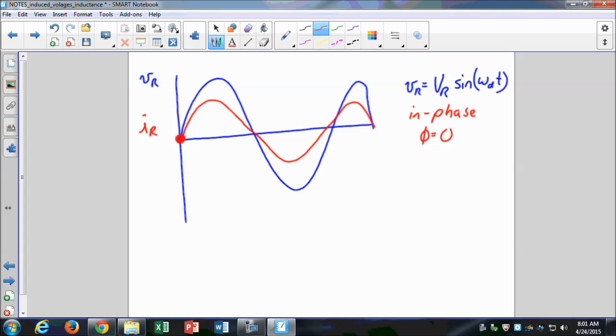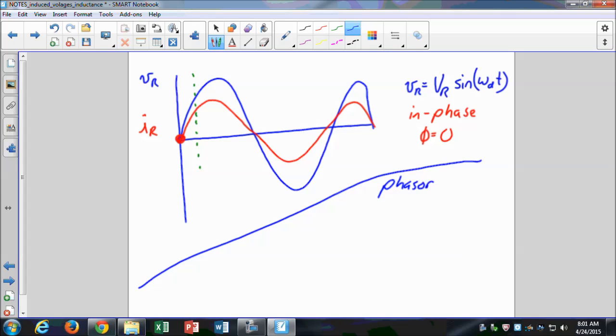All right, I'm going to show you, I'm going to draw a phasor diagram. I'm going to take a point right here. A phasor is just a vector that rotates around the origin.